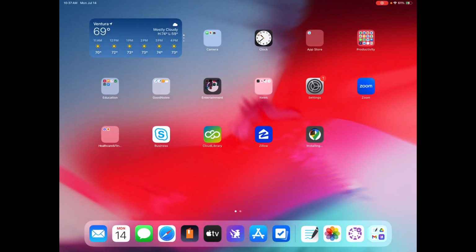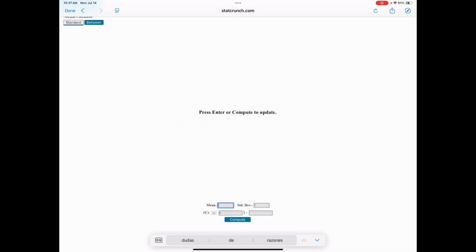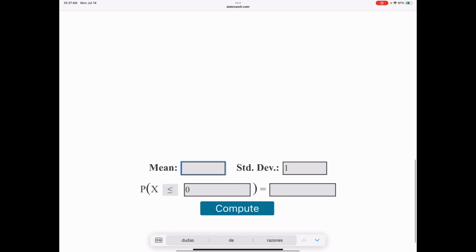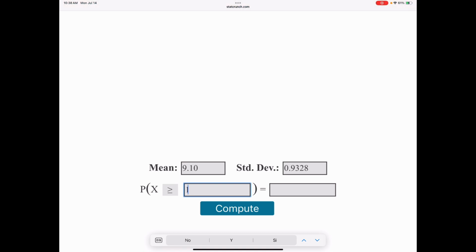So let's jump over to StatCrunch. For the mean, I know it's kind of small to see here. Maybe if I zoom in, you can see it. That mean is $9.10. The standard deviation is the one I just calculated, 0.9328. And then for the probability, we're going to change that to be greater than or equal to, and then this is going to be 10.